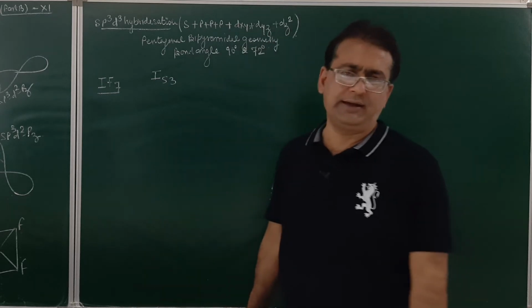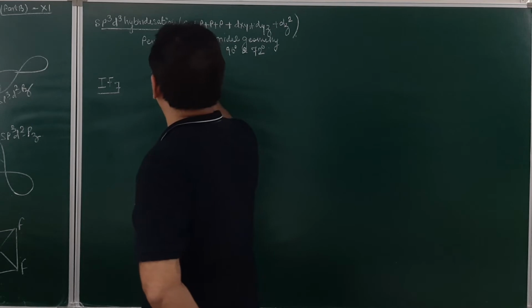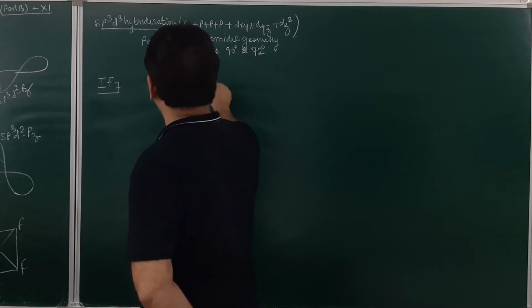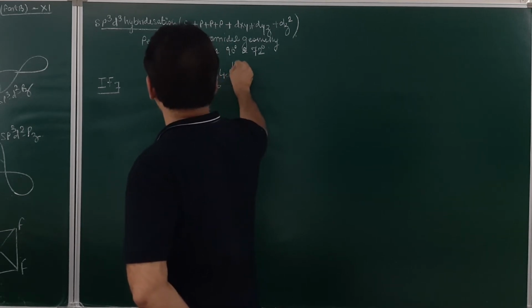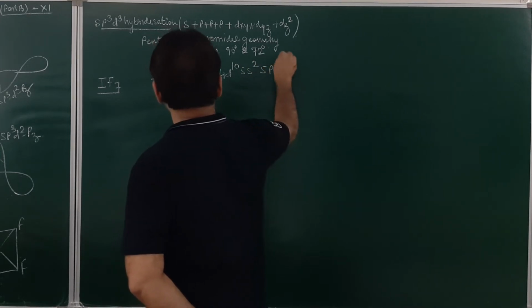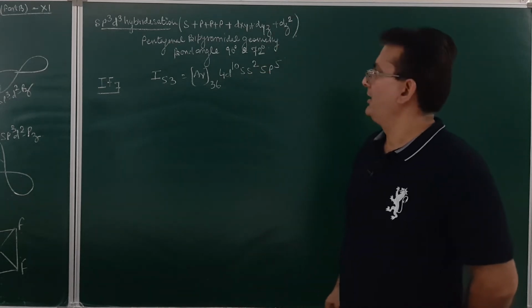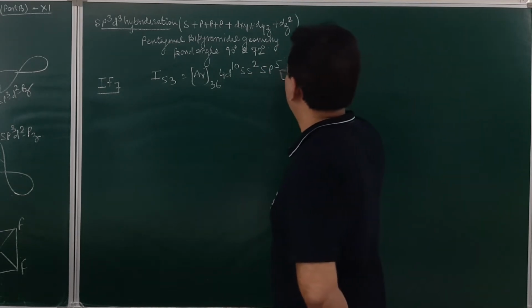Then we have 4d10, 5s2, 5p5. So this will be argon 36, 4d10, 5s2 and 5p5. This is in the ground state.